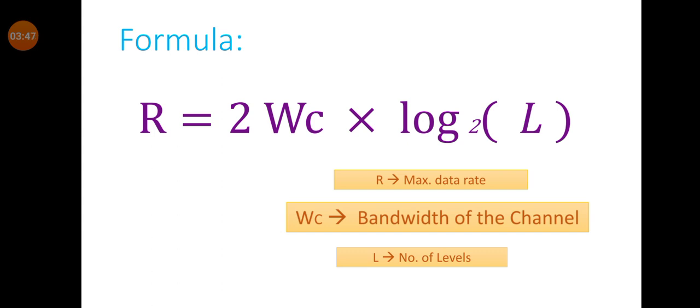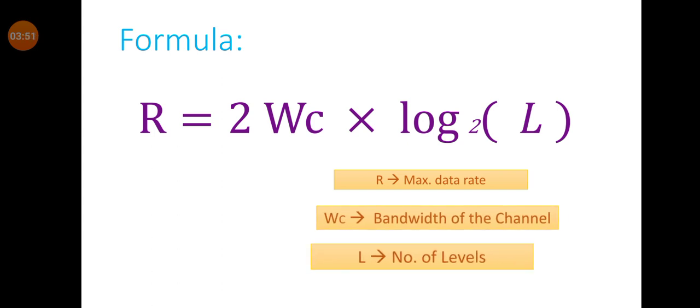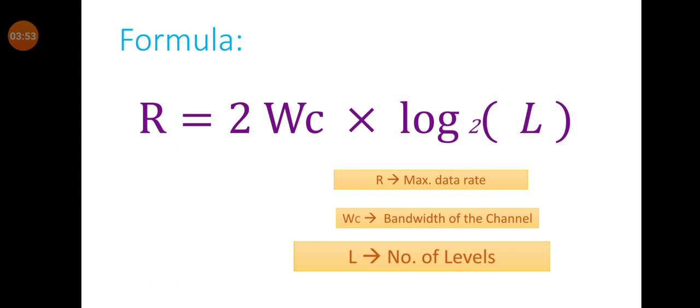Bandwidth of the channel we represent as WC, and here the new term, that is L, represents number of levels. Number of levels means to transmit information, how many levels the channel needs, and that is denoted using the alphabet L. So this formula is used to calculate maximum data rate using Nyquist theorem.